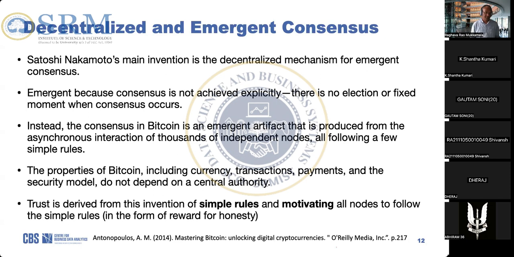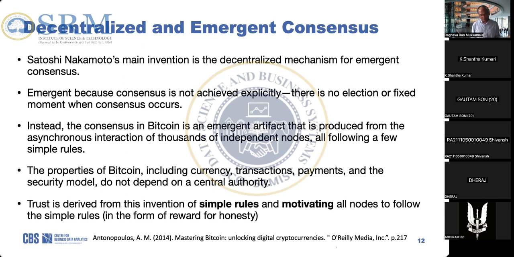But it also has the beautiful design of motivating all the miners to follow these simple rules. So that is the main success in achieving this emergent decentralized consensus.